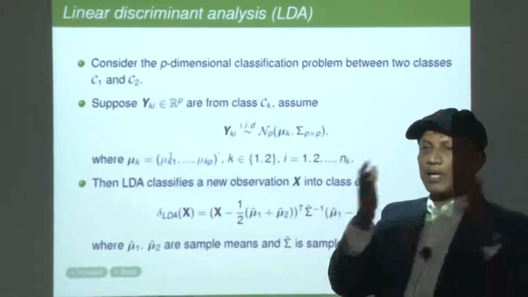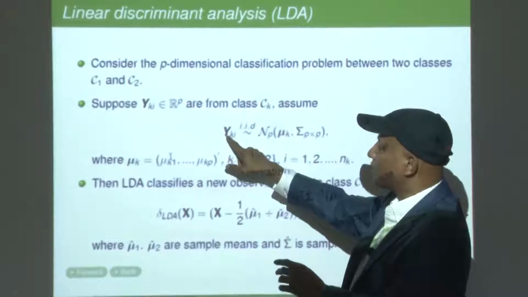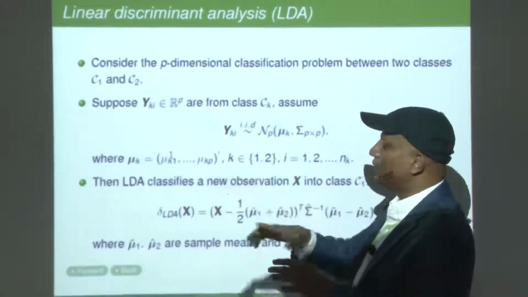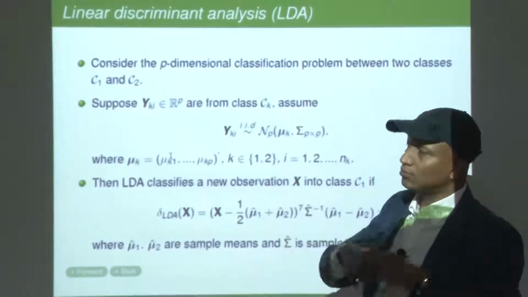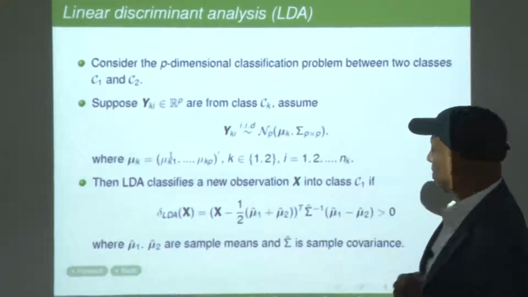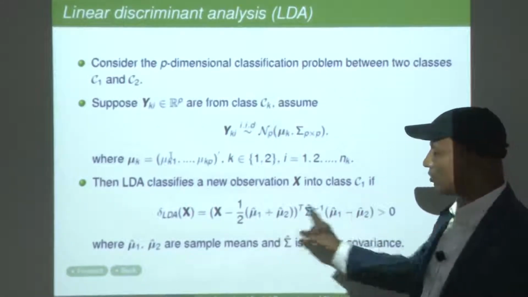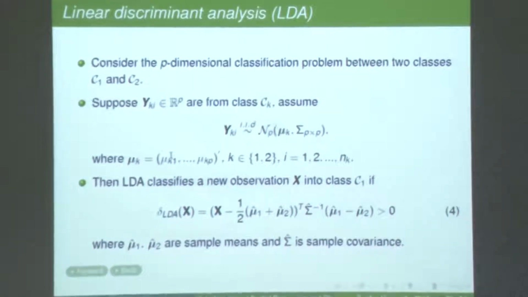Say 500 Alzheimer's patients and 500 non-Alzheimer's patients, and the feature has dimension P, which could be millions. And then this is the covariance matrix. You already know this would be the formula for the LDA classifier, okay?